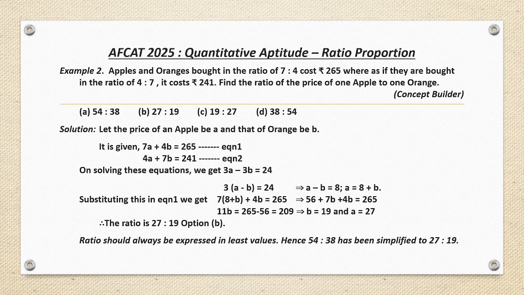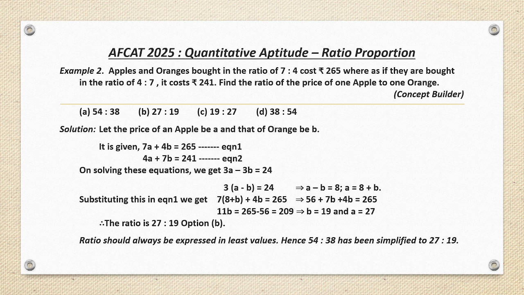Now substitute this value of A equal to 8 plus B, and we get A as 27 and B as 19. The question asks to find the ratio of apple to orange. We said apple is A, orange is B. So the ratio is 27 to 19.